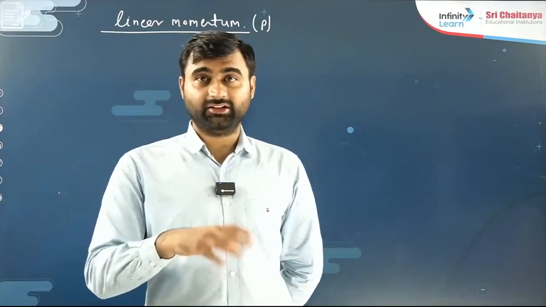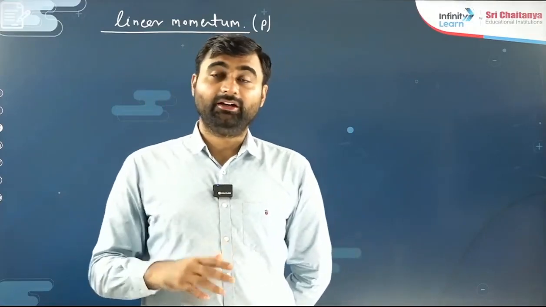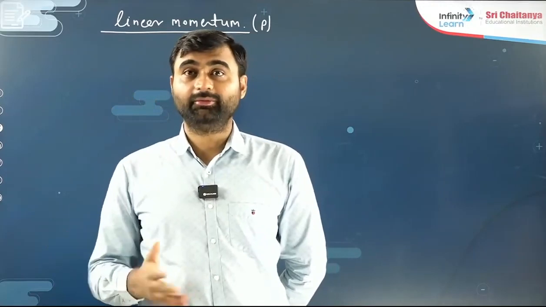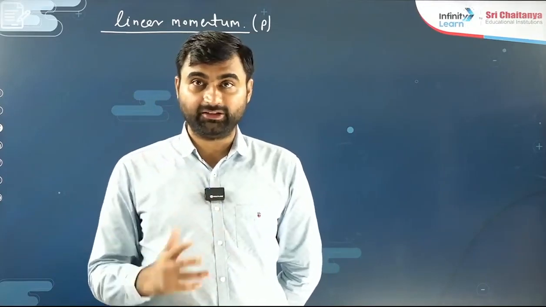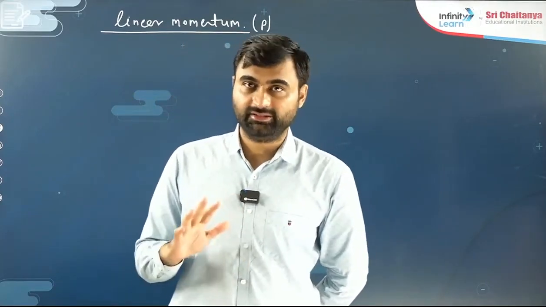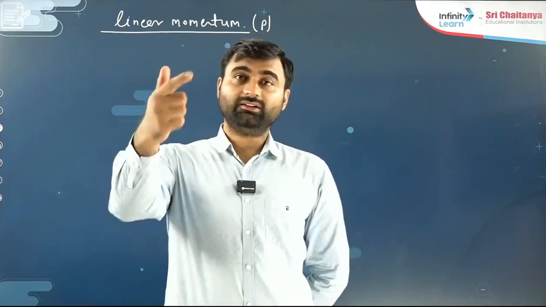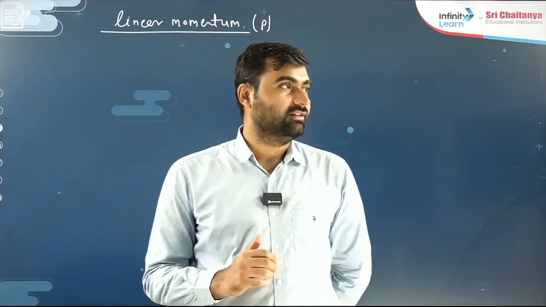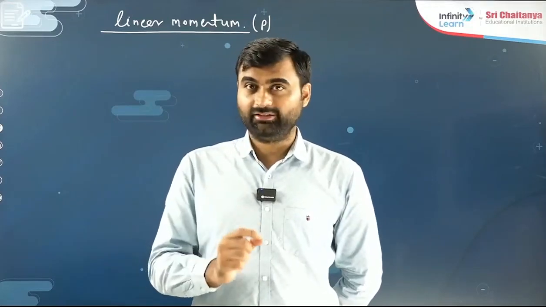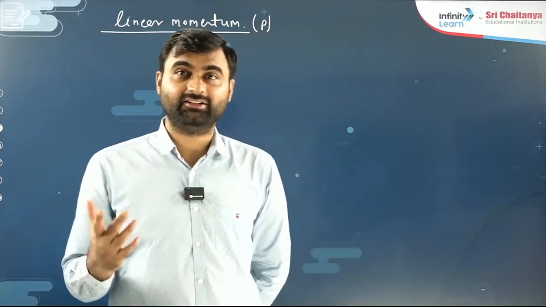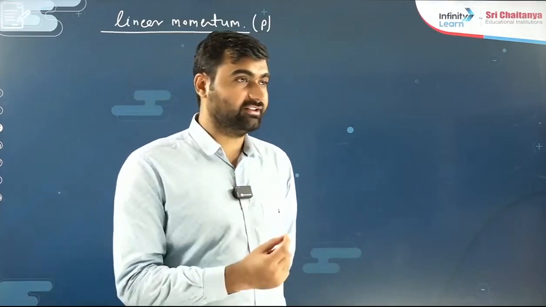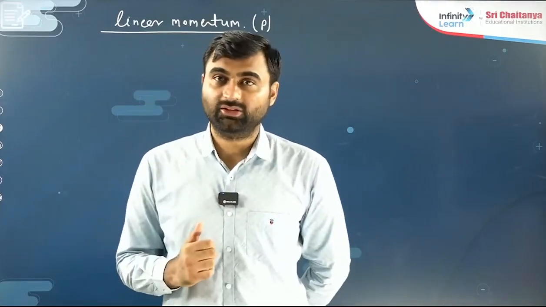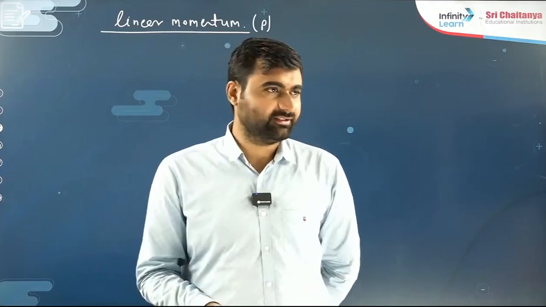And the mass of the elephant is very high, maybe 1000 kilogram, 1500 kilogram, 2000 kilogram, like that. On one side a very heavy object, 1000 kilogram, and on the other side the bullet mass is very less. If you compare 100 gram with respect to 1000 kilogram, then it is very less.